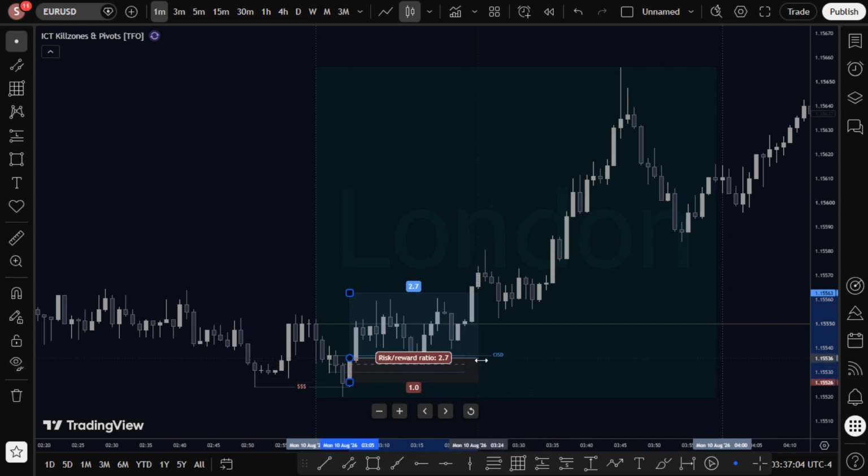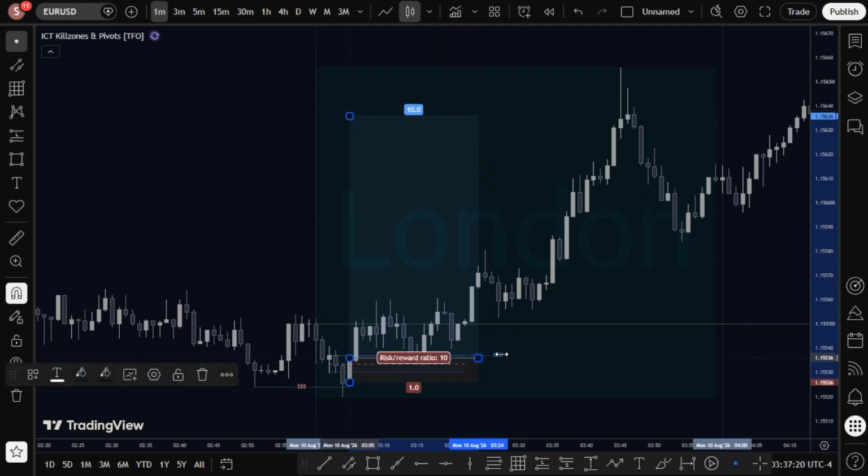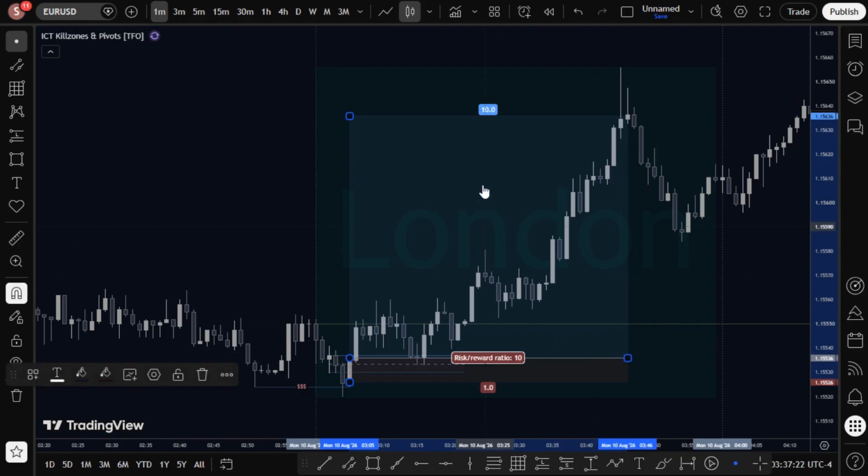Okay, now from Michael Huddersfield, the ICT trader, the inner circle trader, he said you can get 5 handles if it is indices, which is equivalent to 10 pips for Forex. Okay, but we are not going to go for 10 pips. If we go for 10 pips, we will get 1 to 10 risk reward ratio.